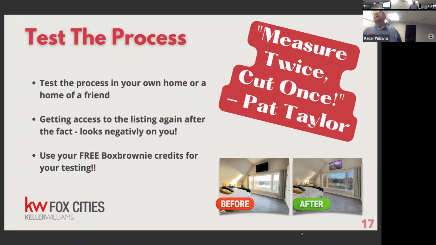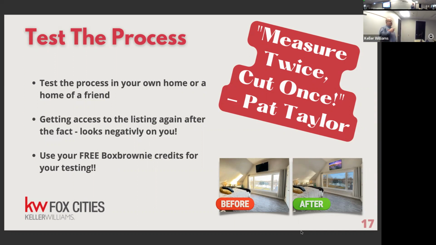Now, I had a really great friend, Pat Taylor, who once said, measure twice, cut once. Why is this relevant here? If you're doing pictures for yourself or another agent, there's a lot of work to getting that home to look the way it's going to look. We've got to get the rabbit out, get Fido out, get the kids out.